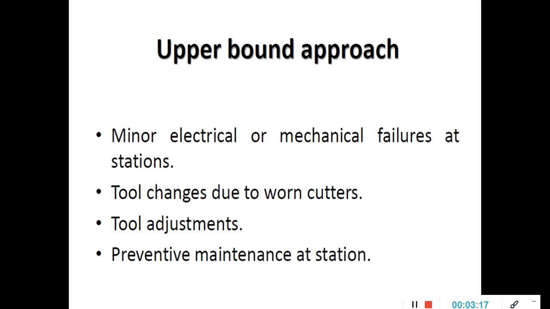With these reasons the breakdown happens, and it is not related to the workpiece. The workpiece has no problem, so we are not removing it from the workstation, and this type of analysis is known as the upper bound approach. So with the upper bound approach, we estimate the total time required to repair the workstation when the workpiece is not removed from the workstation. That is known as the upper bound approach.